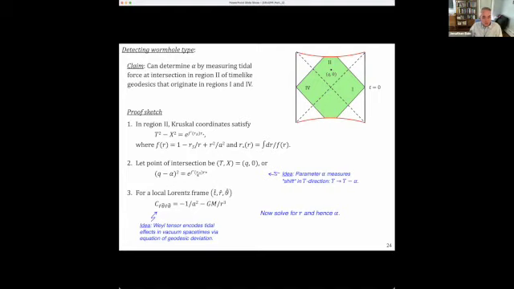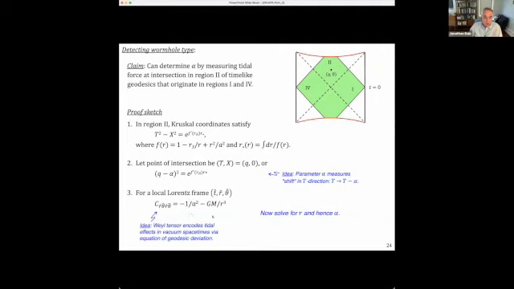So at step 2, we now have a formula that relates alpha to the radial coordinate R. And now Bao and colleagues observe that there's a measurable property of the spacetime that we can also calculate at the point of intersection.